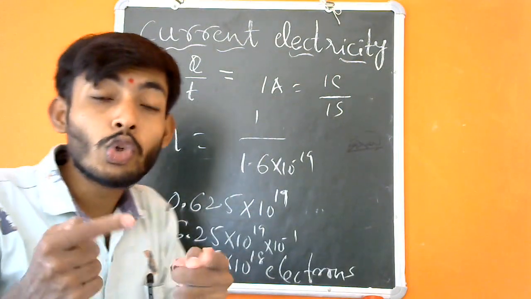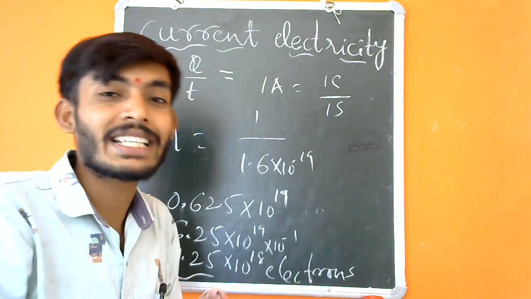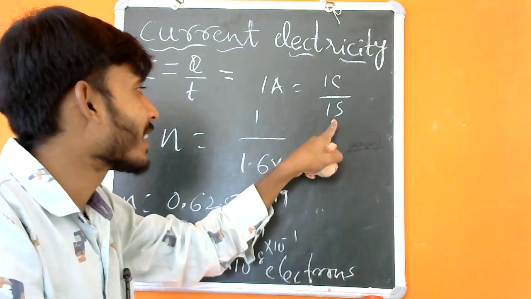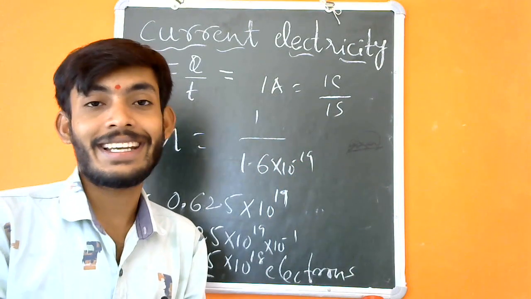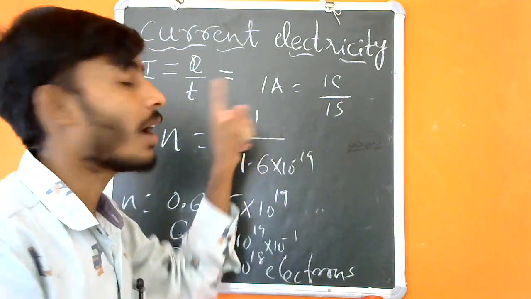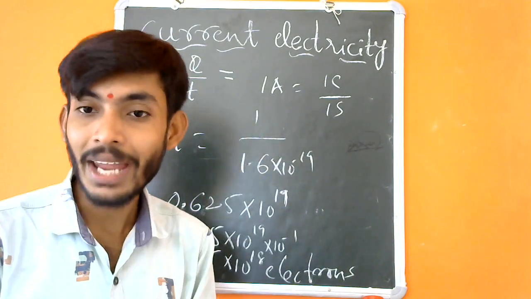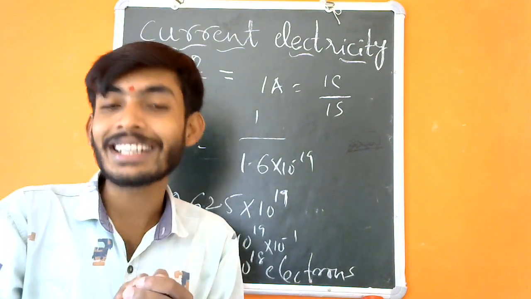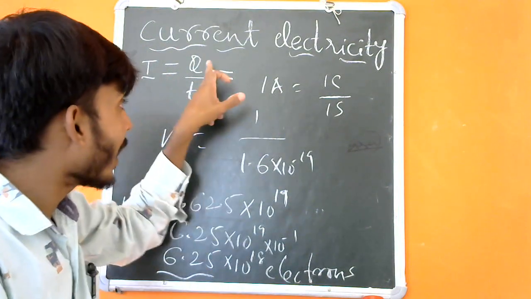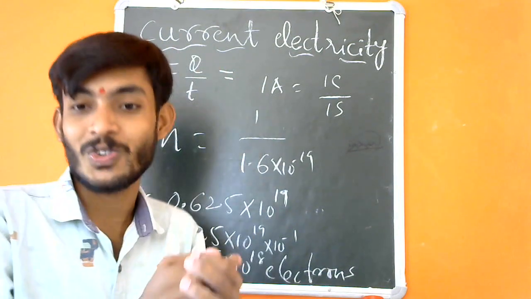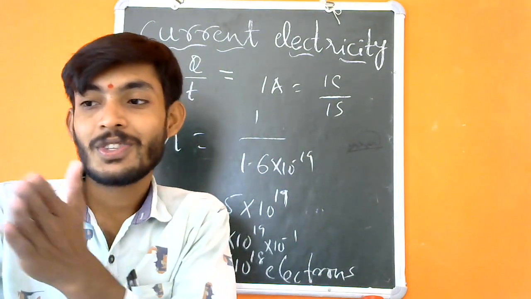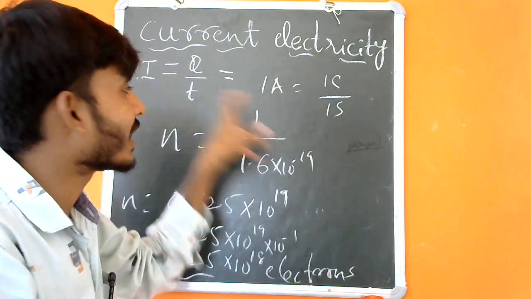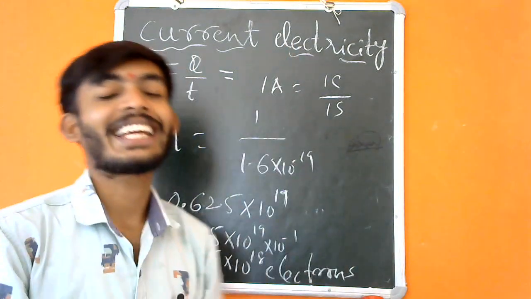When 1 coulomb of charge passes through the cross section of the conductor in 1 second, it is known as an ampere. 1 ampere of current flowing through the cross section of the conductor means 6.25 into 10 power 18 electrons are passing the cross section of the conductor in 1 second.